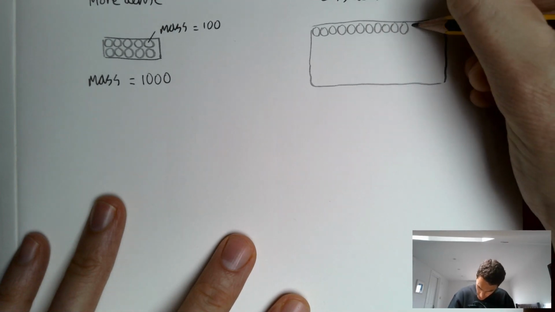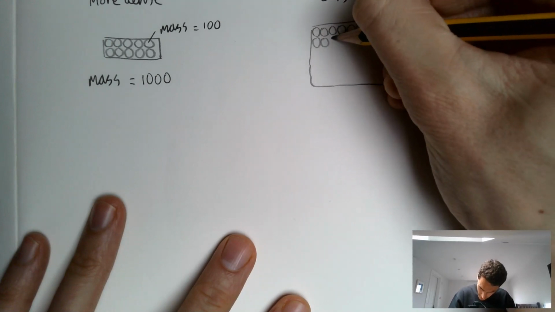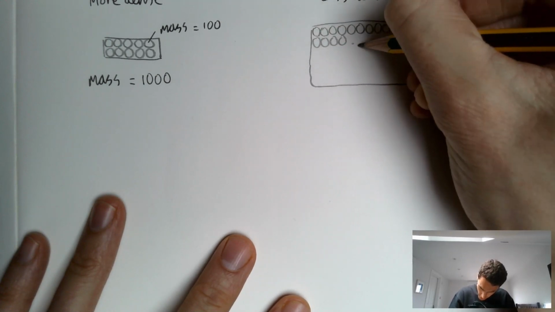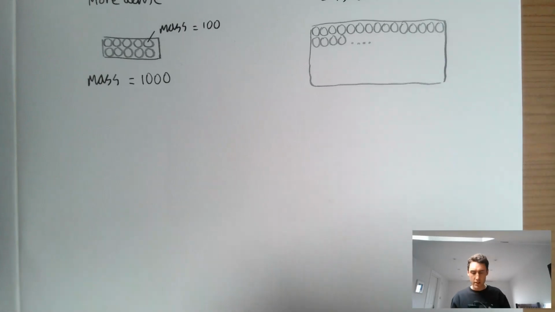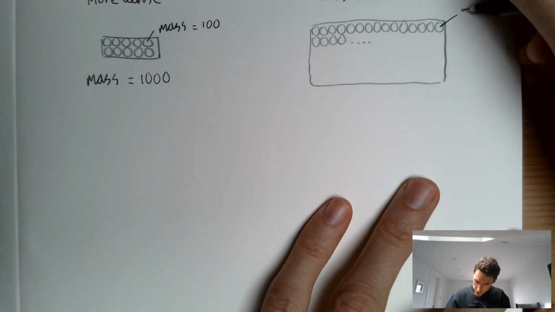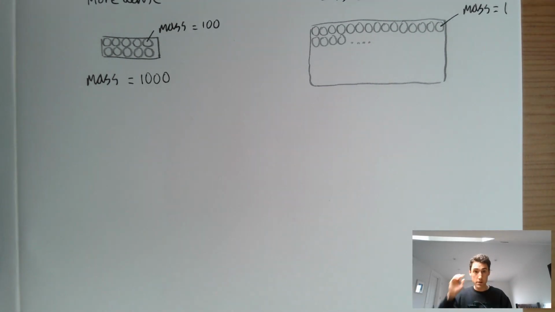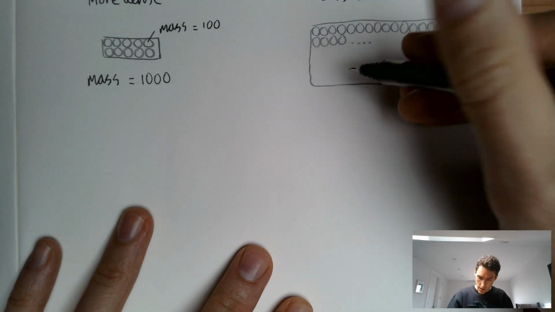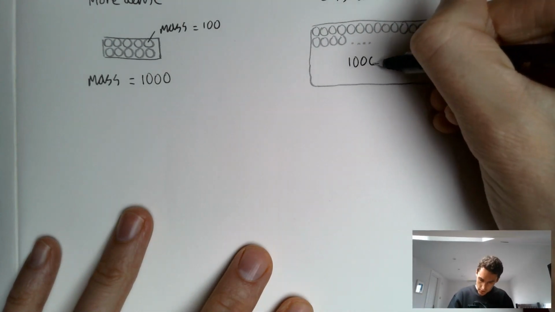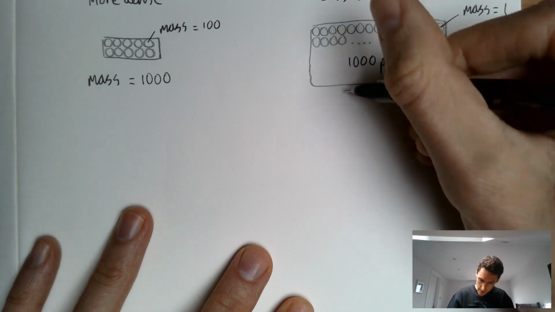I'm going to start, but as long as I do a couple of rows, something like that, and then maybe do a dot, dot, dot, hopefully they get the idea that if each of these particles has a mass of 1, then I'm going to need 1,000 particles, not just the 10 that I had in the gold, to get my mass equal to 1,000.